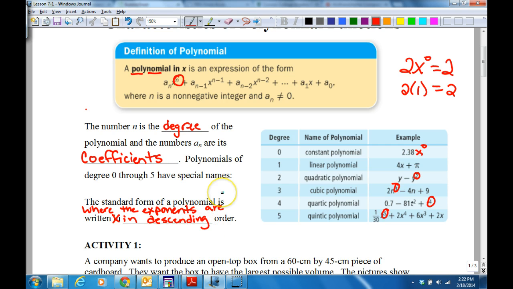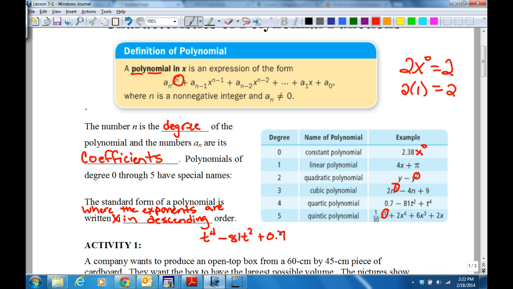So for instance, let's look at the quartic one. Notice that it's going from lowest degree to highest degree. If I wanted to write that in descending order, I would write it as t to the fourth minus 81t to the second plus 0.7.